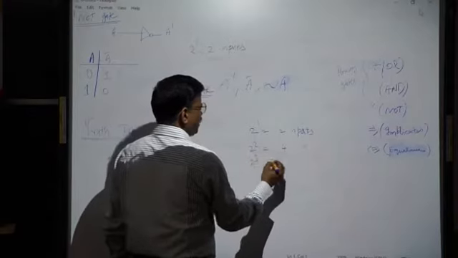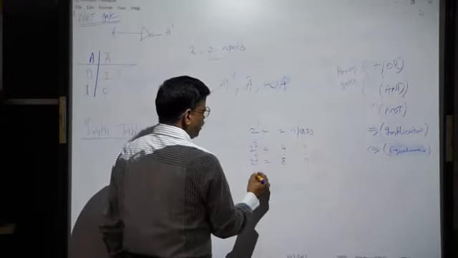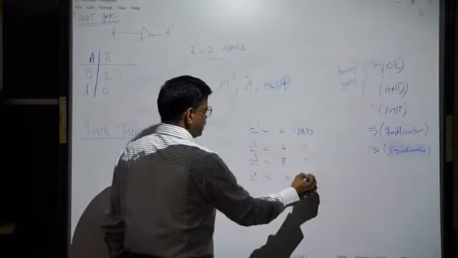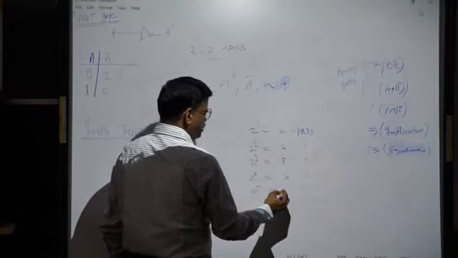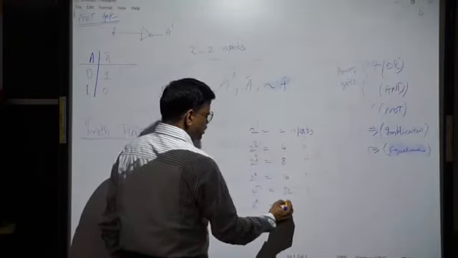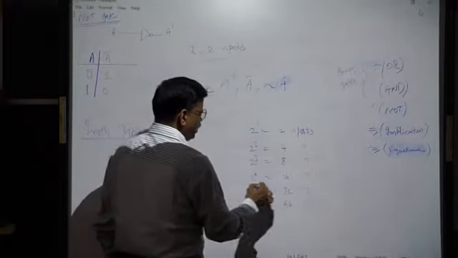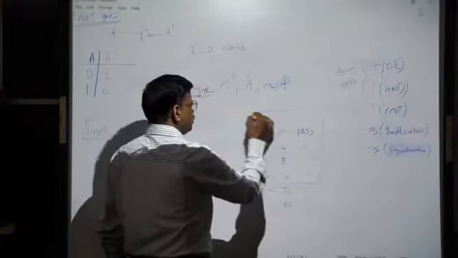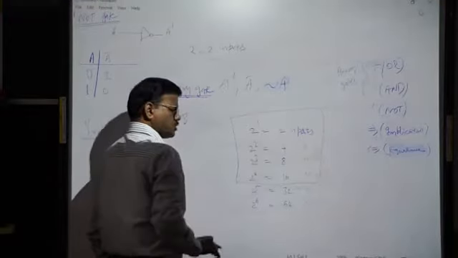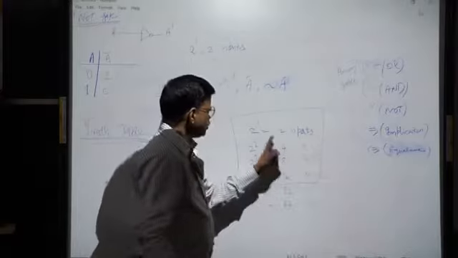If you have 3 variables, 2 2s are 4, 4 2s are 8. If there are 4 variables, 16 inputs. If there are 5 variables, 32 inputs. If there are 6 variables, 64 inputs, and so on. But in your syllabus, you have up to 4 variables.